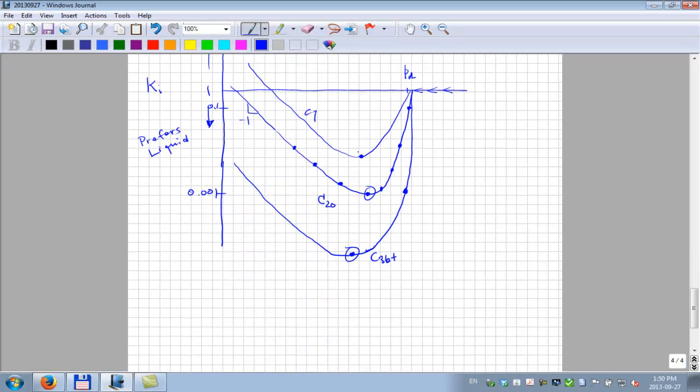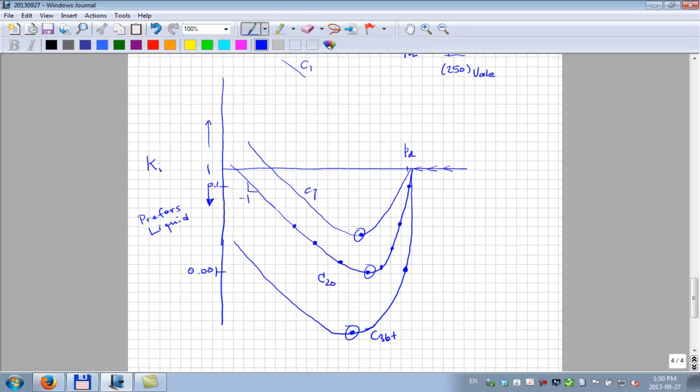Here, here, and here. So that's the rhyme and reason to the liquid curve.